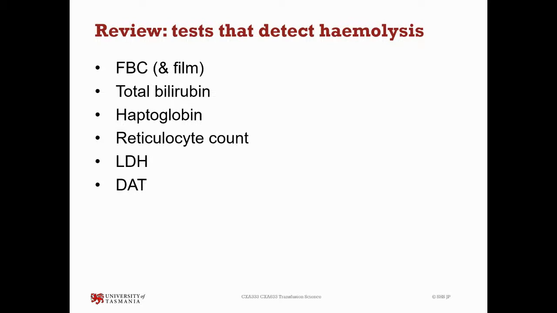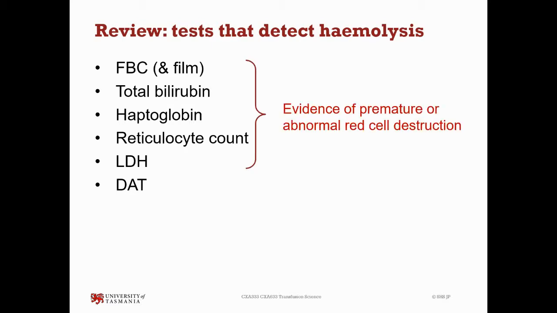So just another bit of a review here. If you recall from Heme 2, these are all of the tests that we use to detect hemolysis, and some of these tests would be familiar to you because when you investigated a transfusion reaction, you needed to recall that these tests are also required to help us detect hemolysis.